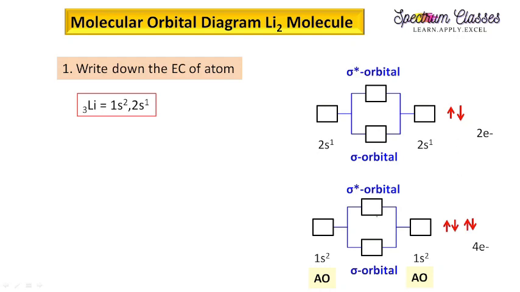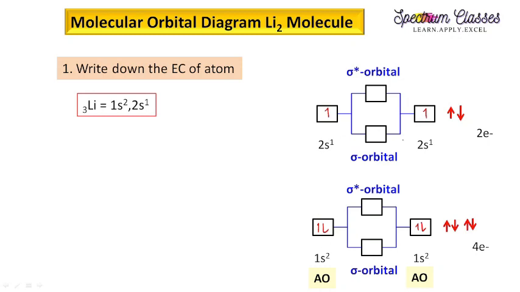Now, how many electrons are present? Here one lithium atom has 3 electrons altogether. So for 2 lithium atoms, how many electrons are there? 3 into 2, or 3 plus 3, we get 6 electrons, right? You can also calculate it this way: 2 electrons and 1 electron, then 2 electrons and 1 electron.